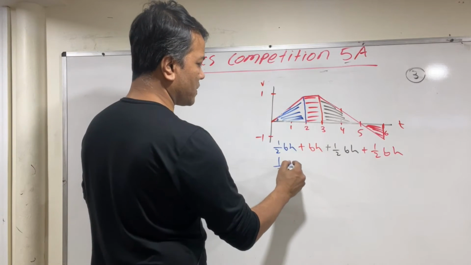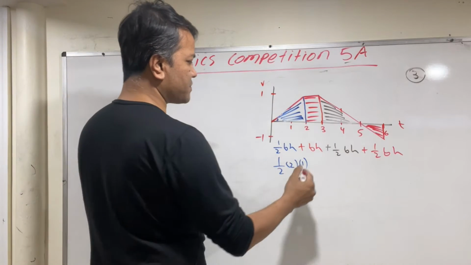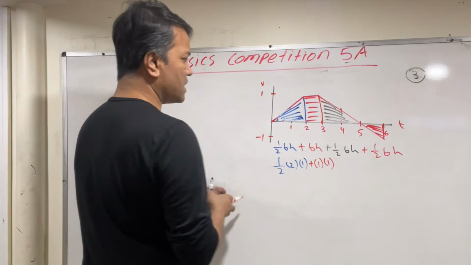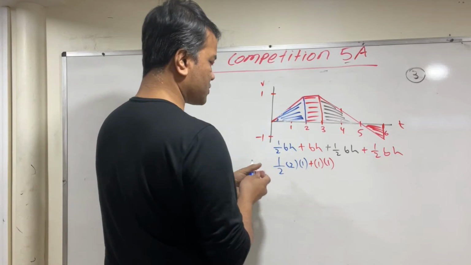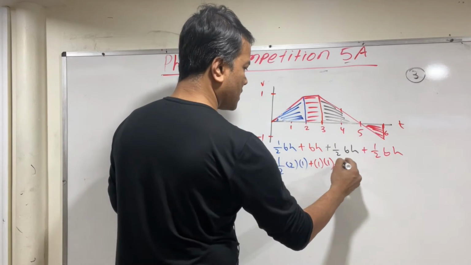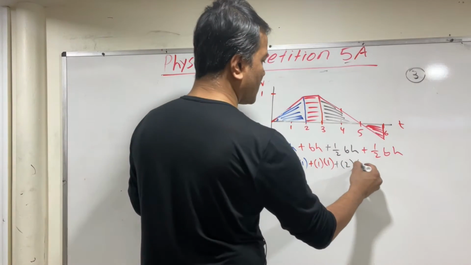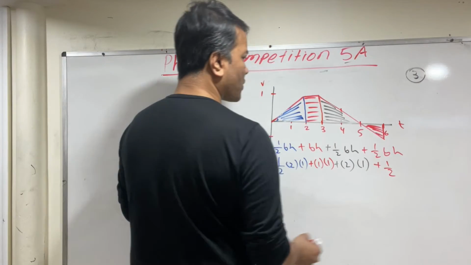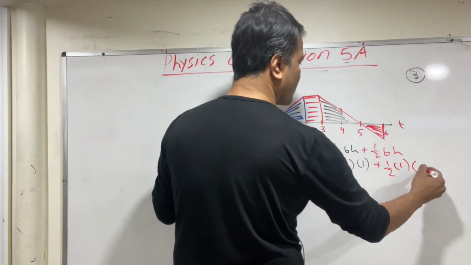Base is 2, and our H is 1. And this is our base is 1, and our H is 1, and this is our base is 5 minus 3, our base is 2, and our height is 1, and finally this is our base is, of course, 6 minus 5, 1, and our height is, of course, -1.